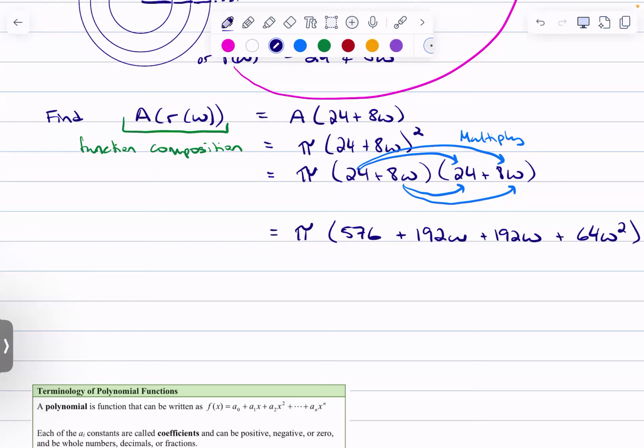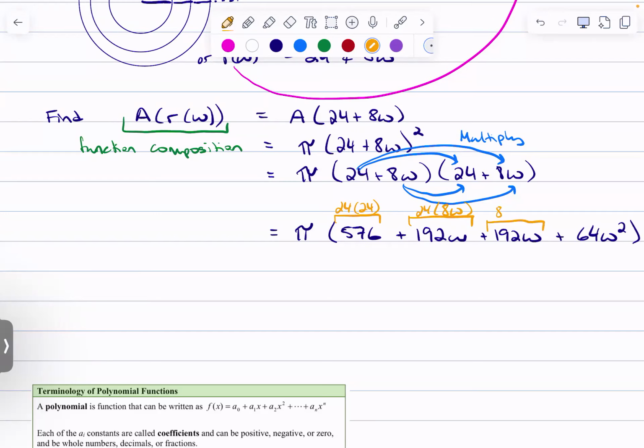We can collect like terms, and maybe I'll write above here, just because we haven't expanded any squares and we're going to see some cubes and things like that, so it's worth mentioning just this one time. This was 24 times 24. This was 24 times 8W.